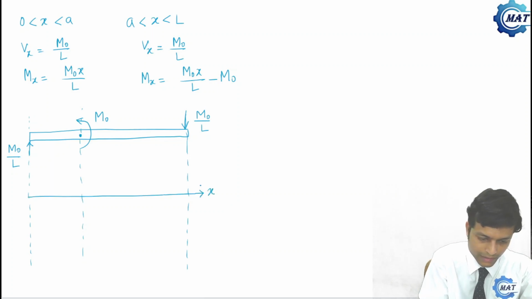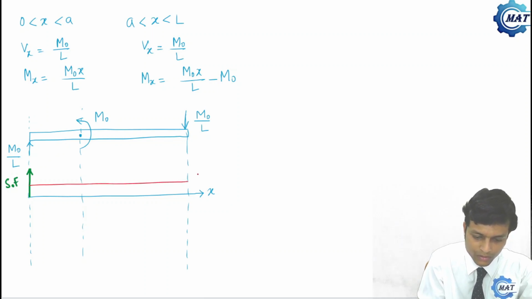This is x and say this is shear force. And Vx is M0 by L throughout the beam. So this value is M0 by L. So this is the shear force diagram, SFD.